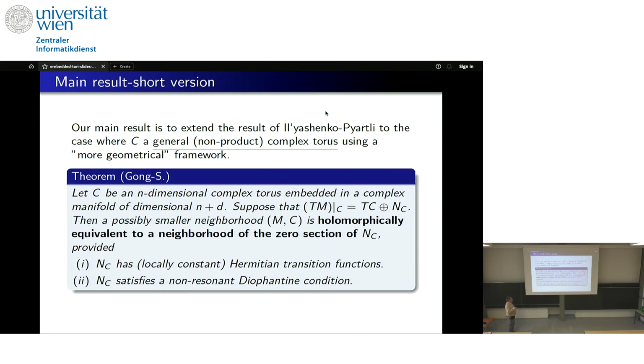You assume that the tangent bundle is split, a direct sum of the normal bundle and the tangent to C. Otherwise, you look at the transition matrix, and you assume that it is a block diagonal matrix.